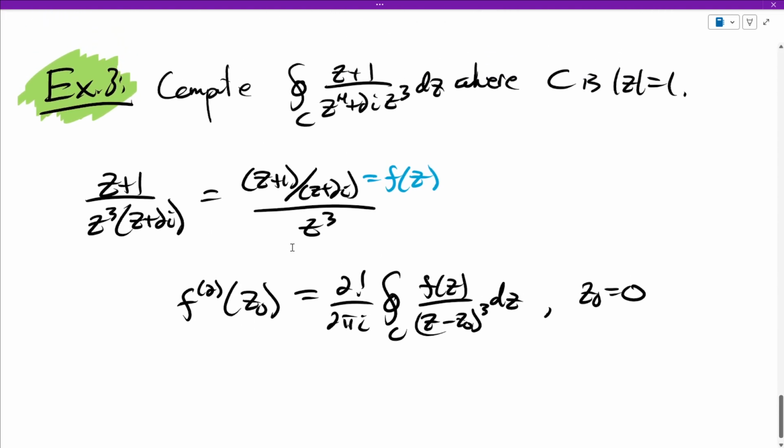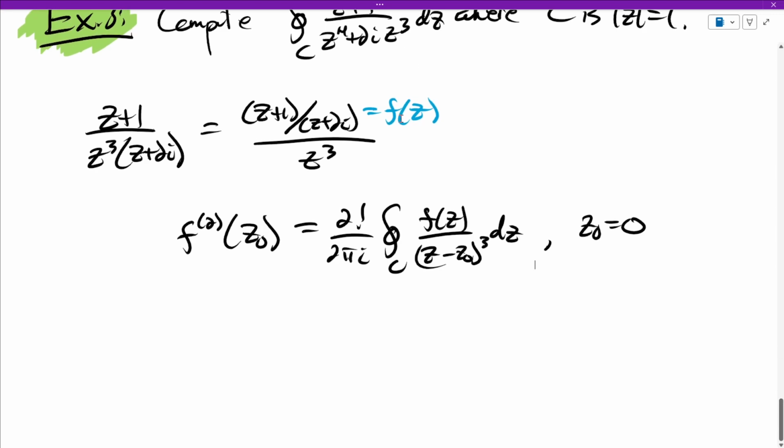Now, maybe the value of the contour integral is easy to compute with parameterizations. I don't think that's the case, but I encourage you to try. In this case, let's just clearly write out f. I think it's easier to just trudge through the quotient rule. So we have f of z equals z plus 1 over z plus 2i.